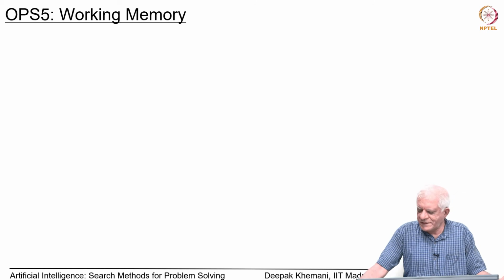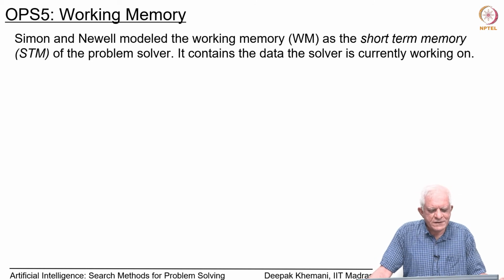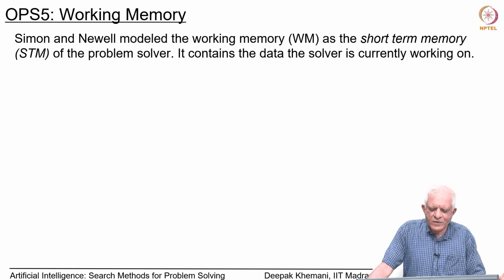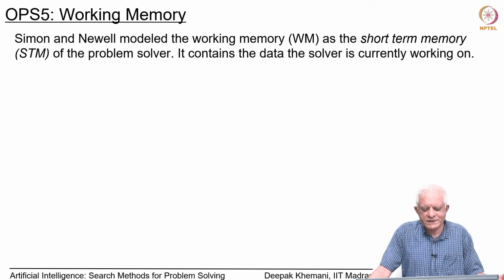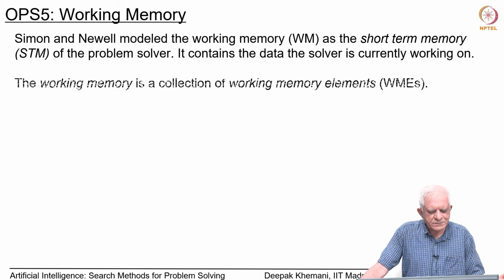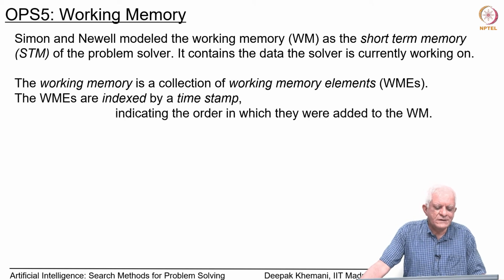So, the working memory is a collection of such data elements. As I said, Simon and Newell model the working memory as a short term memory of the problem solver. It contains the data that the solver is currently working with essentially. It is like a state representation for us and we are familiar with this notion.